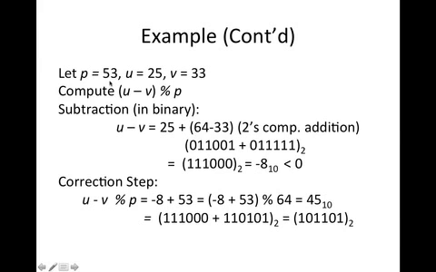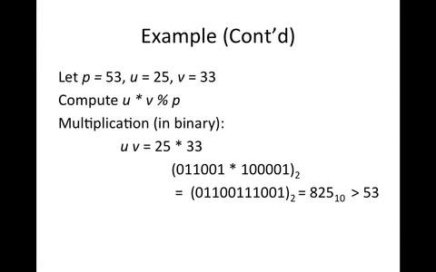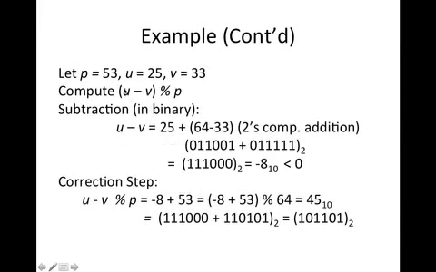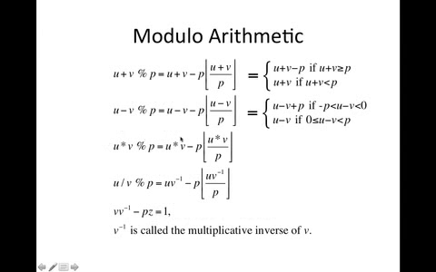Okay, so now if you just go ahead and do a multiplication, for example, this is what I was alluding to earlier, like multiply 25 by 33, then you get a large number. That large number could be as big as 825. So this is the multiplication process. You have to do this regardless. But then, in order to know what this number is, mod 53, you have to deal with division that comes from this ratio here.